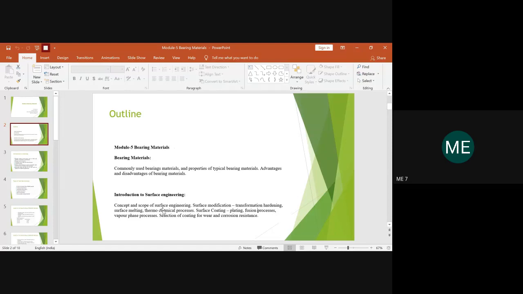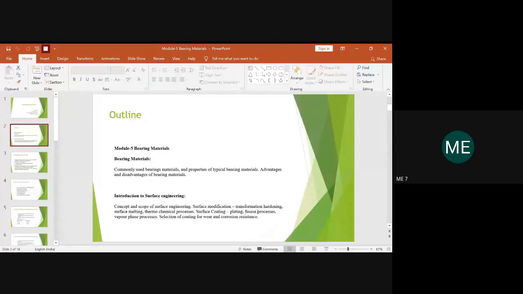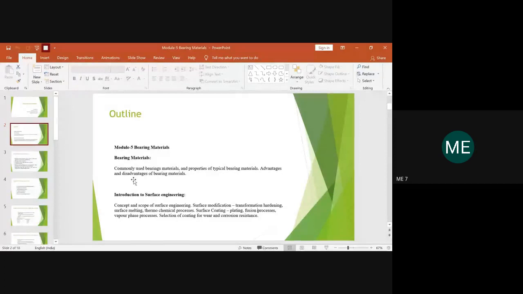And finally, the best way of selecting a coating, so that you can reduce, to some extent, wear and also improve corrosion resistance with respect to the external environment. So this is the brief outline related to module 5.